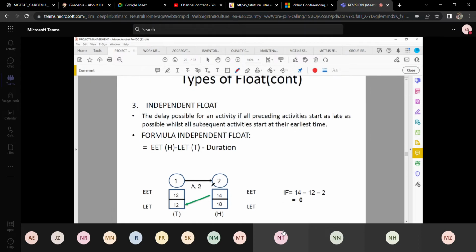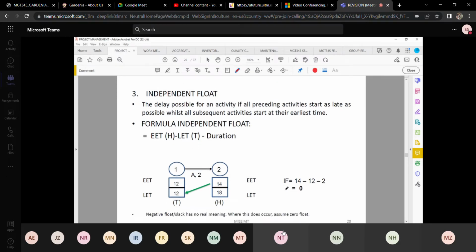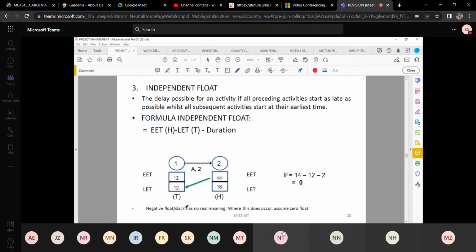And the independent float, okay, the arrow going down, okay, subtract from the left, EET of the head minus LET of the tail minus the duration. Okay, if you get a negative answer, just remain the same, because negative float has no real meaning.